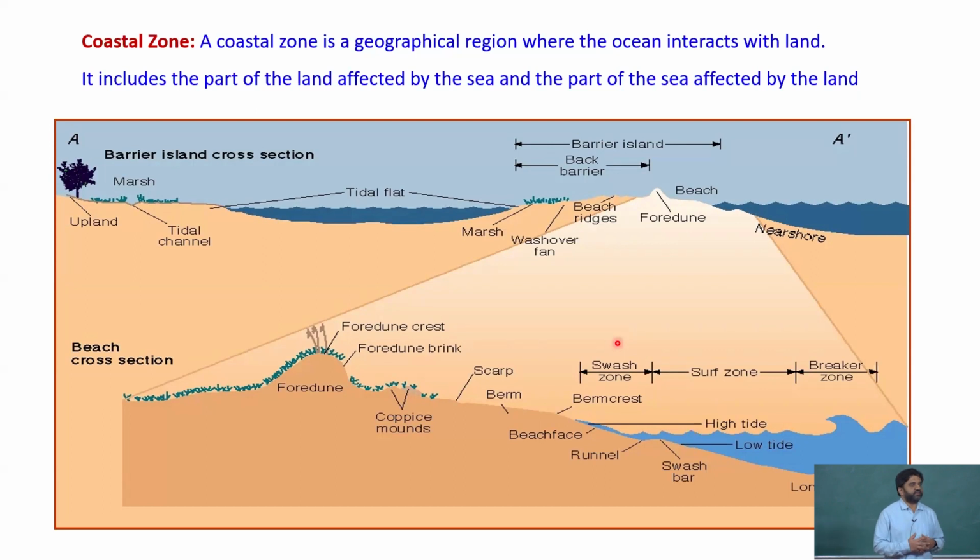Some of us would like to study what happens to the waves in the coastal region. Some of us would like to know what happens to the beach, and some of us would also like to understand what happens when there is an extreme event. So like that, our interests would be varied in this coastal field, but we have to understand it through certain models.